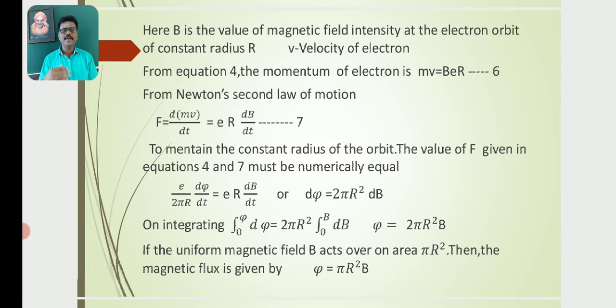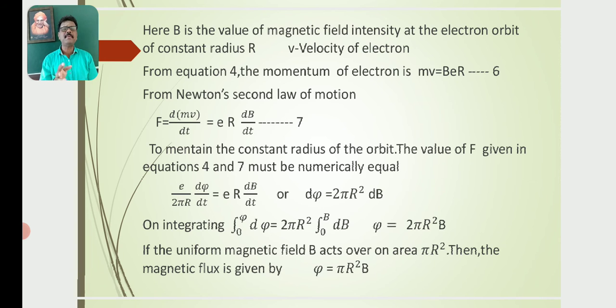Then, on integrating the above equation, the integration of dΦ from 0 to Φ is equal to 2πr square times the integration of dB from 0 to B. After integration, we get Φ is equal to 2πr square B.